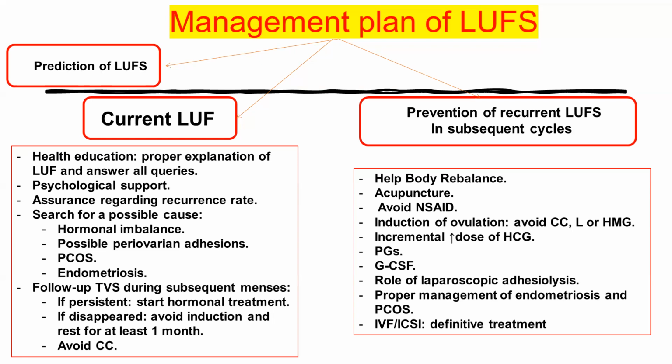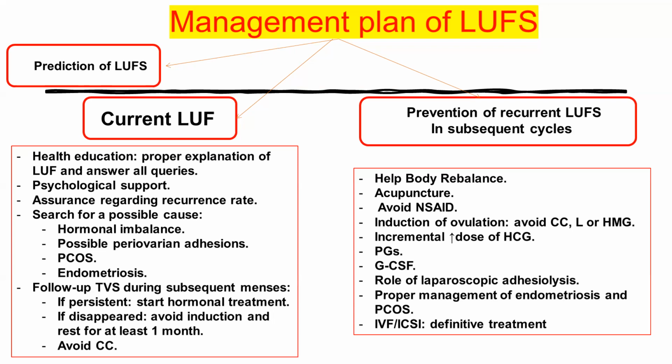And if it disappeared, it's better to stop ovulation induction for at least one cycle to alleviate stress and to let the natural hormones start to become normal. A break is good for such a case. And if we start ovulation induction, it's better to avoid clomiphene citrate in the subsequent cycle.